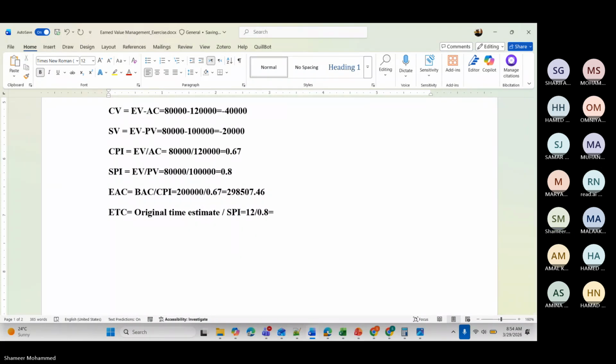How much is this one? 15, meaning 15 months. If you go like this, this project will take 15 months to complete.